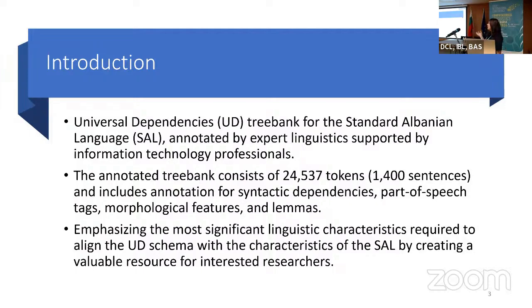Also, if you go to the UD website, there are 2 other corpora. One of them has 60 sentences, but it was not annotated by a linguist, but by one of the students at the University for a degree, I don't remember now.